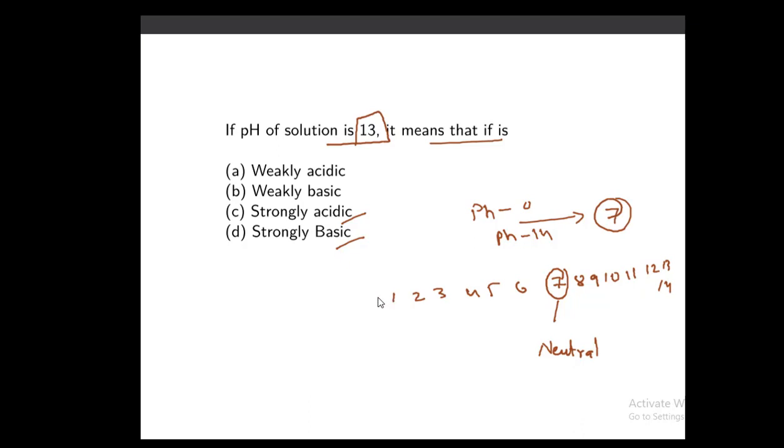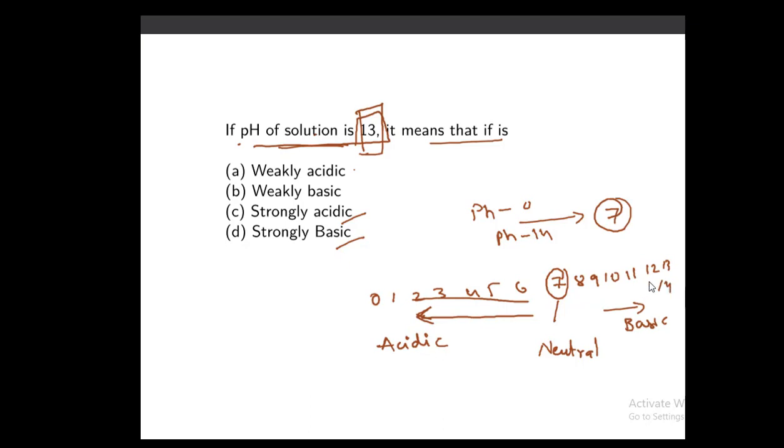And from 0, 1, 2, 3, 4, 5, 6, these left side numbers, or the left side readings, will be acidic in nature, right? And the right side numbers will be basic in nature. So here the pH value of the solution is 13 they are saying. So what is the nature of the solution? Weakly acidic, strongly acidic.